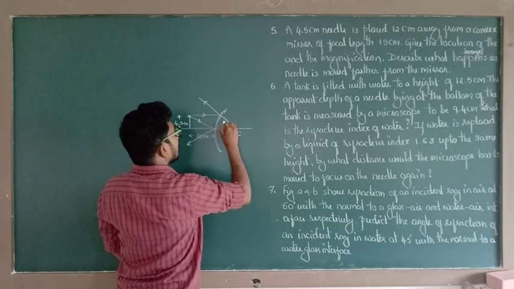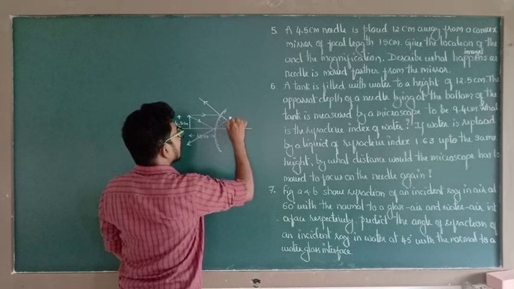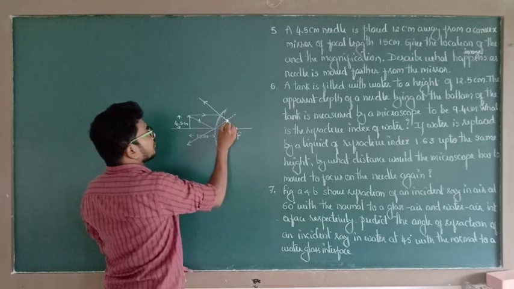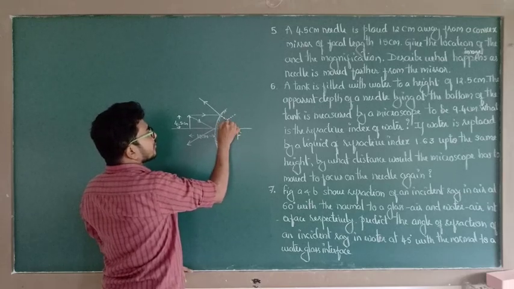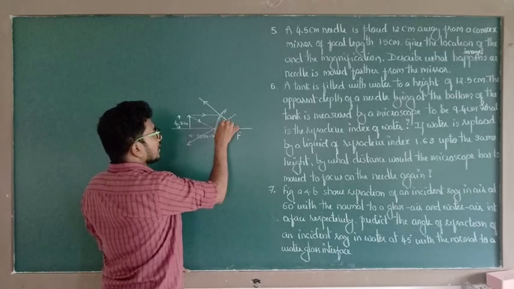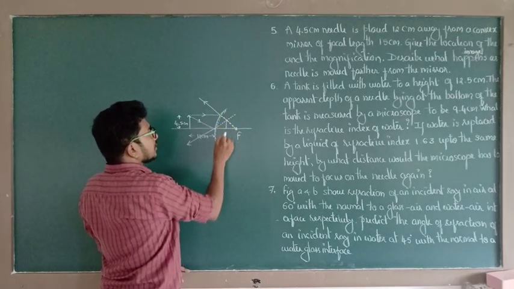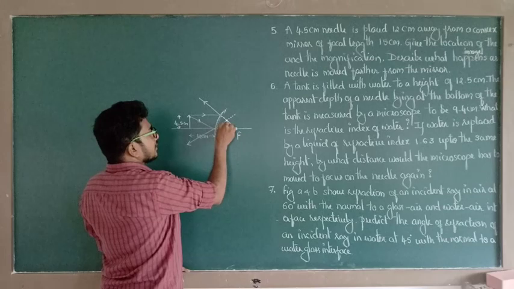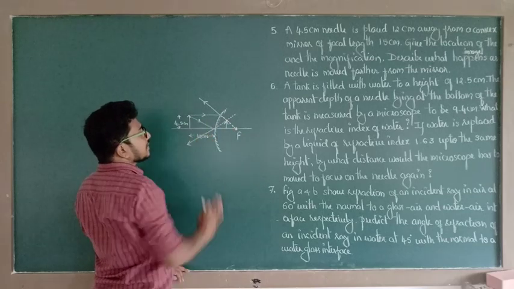They intersect at this point, which represents the position of the image. Here the image lies behind the convex mirror.